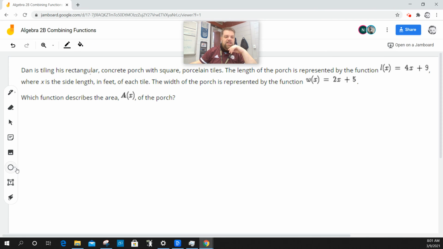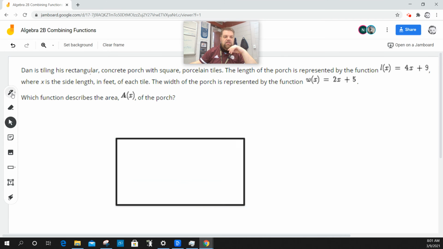So just so you guys can get a feel for what's going on here, they've got a rectangular porch. The length of this bad boy is 4x plus 9, and the width of this thing is 2x plus 5.